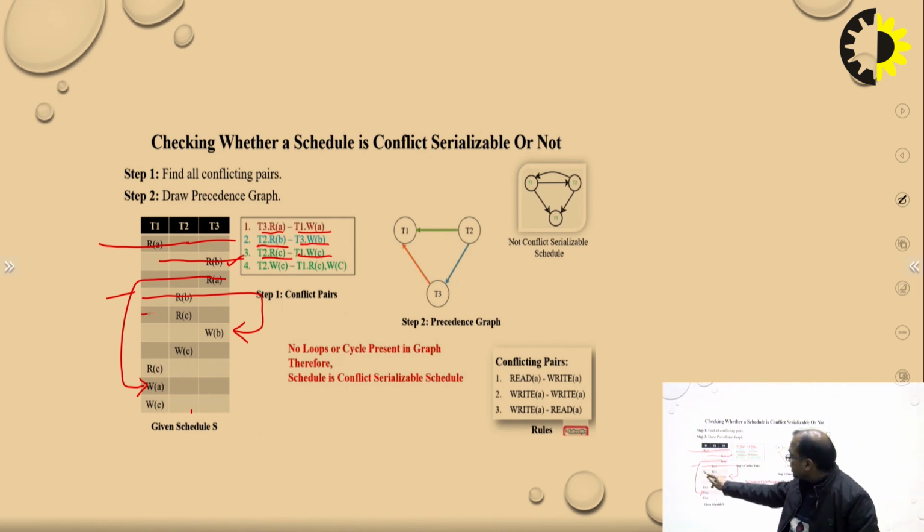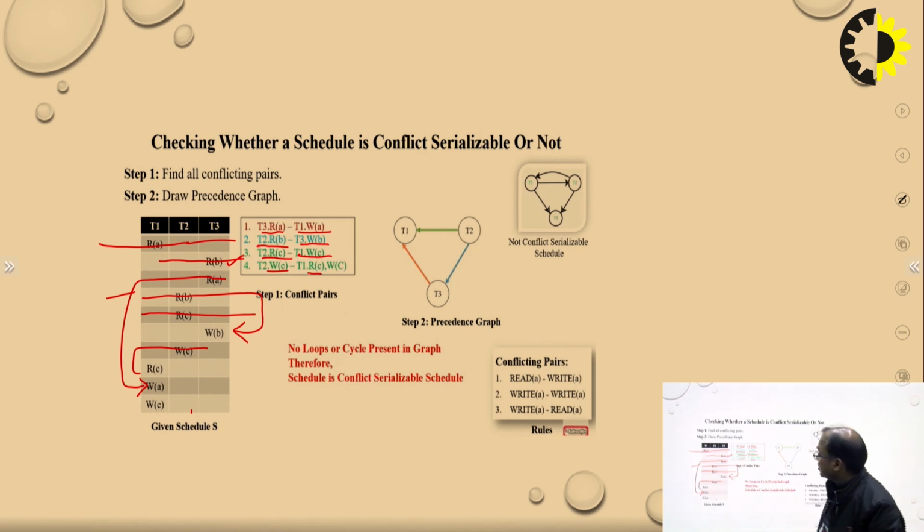Next, it is also completed. Now the write on B. A write on B must have a read of B, but there is no such read, so leave it. Next is the write on C. There must be a read of C. This is a conflicting pair, so write it. Clear?